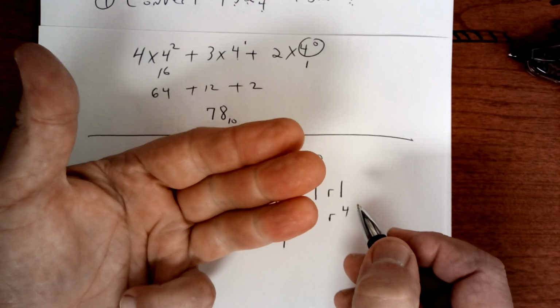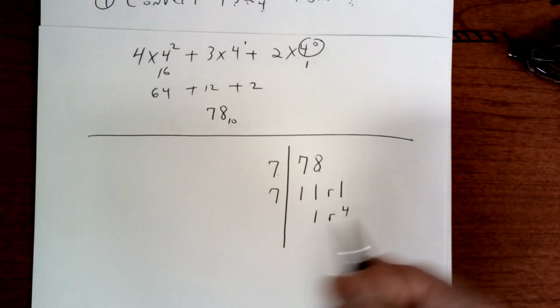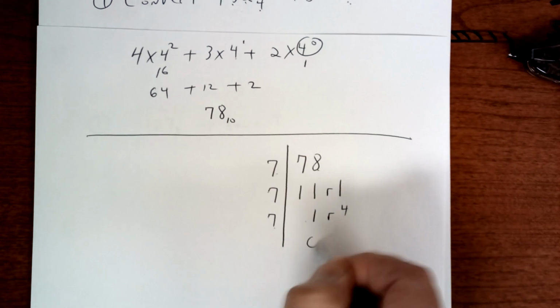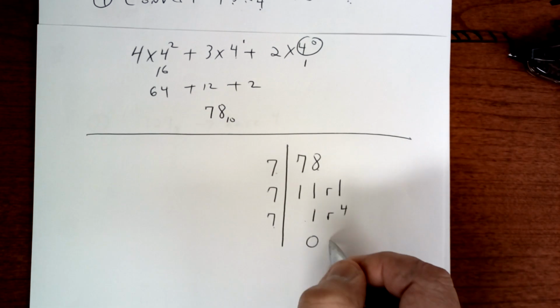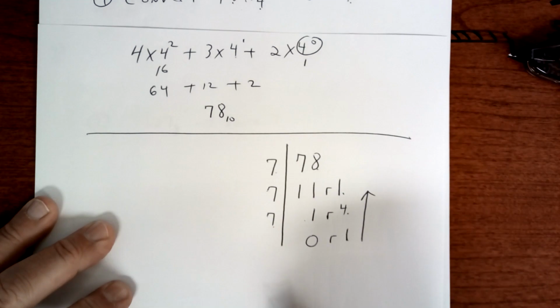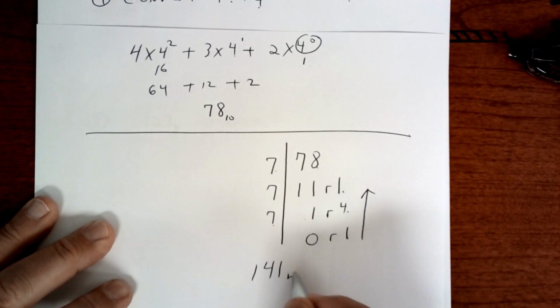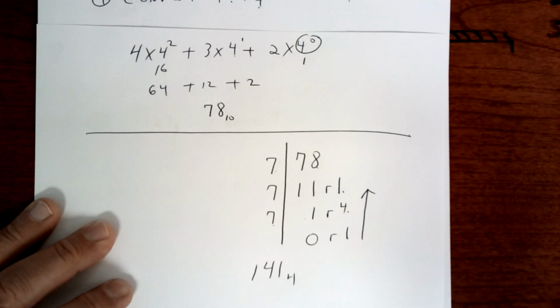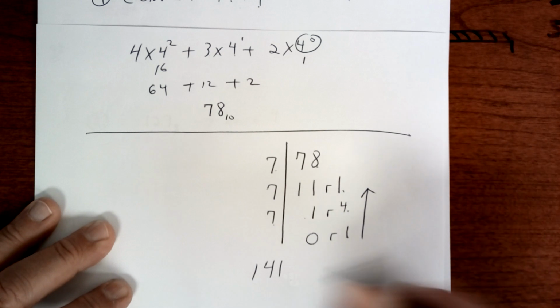Remainder of 4. Okay? And then 7 goes into 1 0 times with a remainder of 1. Go from the bottom up. So 141, base 7. Okay? So that's how you do it.